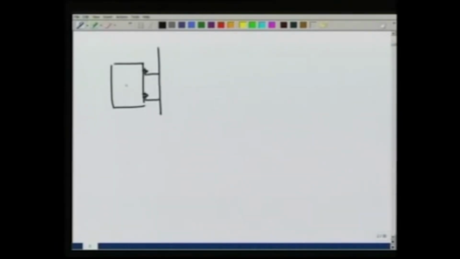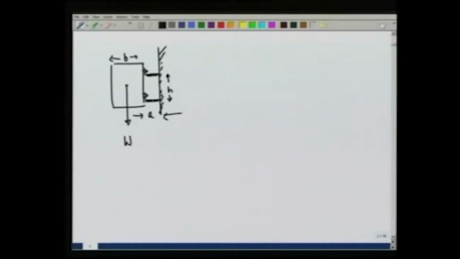Let the weight of this gate be W, let its width be B, let the distance between the supports be H, and let this distance from the support wall to the point where the gate is supported be A. We want to find the forces that are being applied by the wall on these supports, assuming that the entire weight of the gate is borne by the lower support.